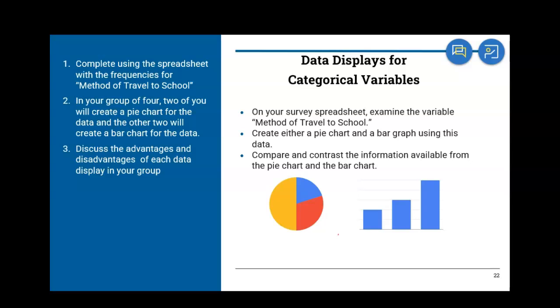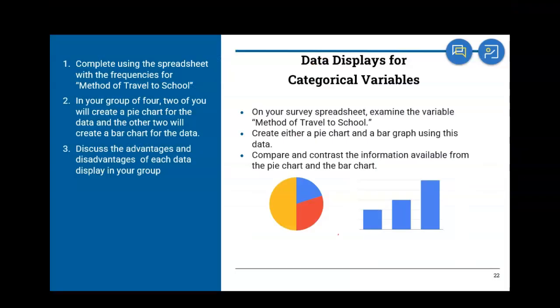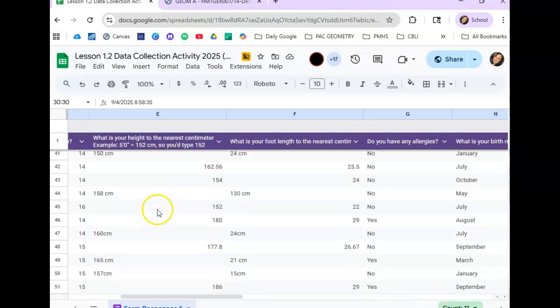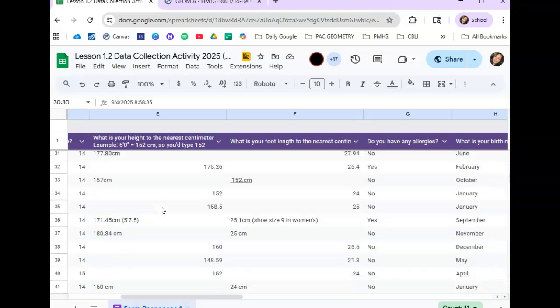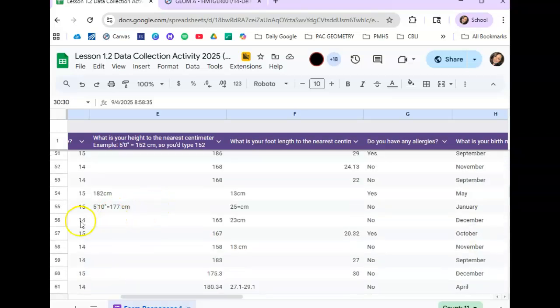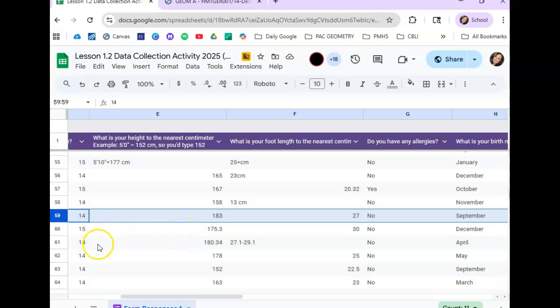Also, on your data sheet, let me show you how to count, because my other classes didn't know how to count. When you're counting the entries, okay, I told you to start at 59, right? So you have to count 59 as a part of it. So here, you start counting there. 1, 2, 3.